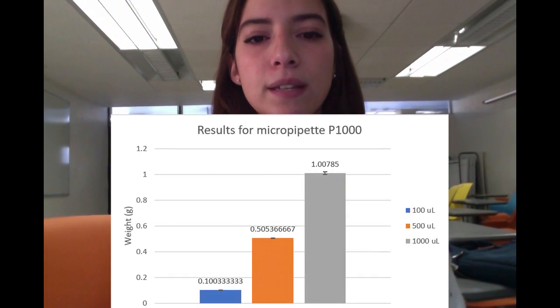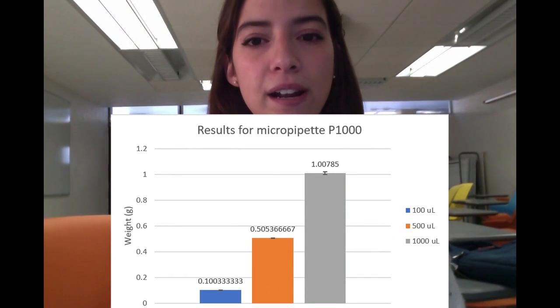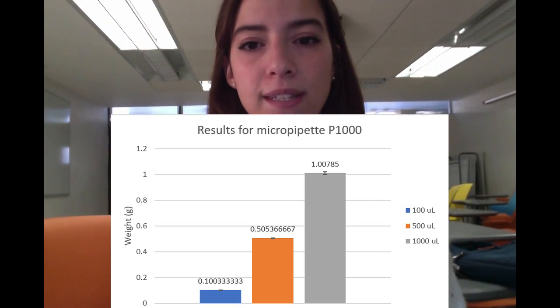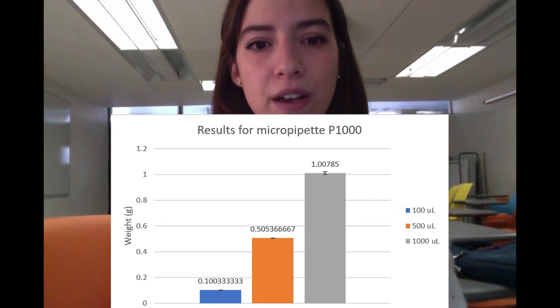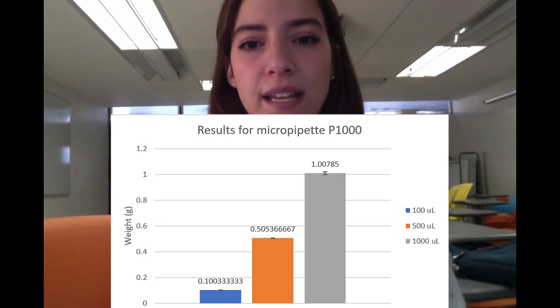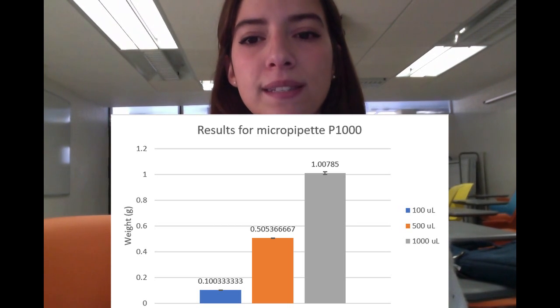For the P1000 micropipette, the weights registered at its lowest, medium, and maximum volume have a mean of 0.10033, 0.5053, and 1.785, and standard deviations of 0.007991, 0.001932, and 0.0106, indicating the biggest dispersion of the values.